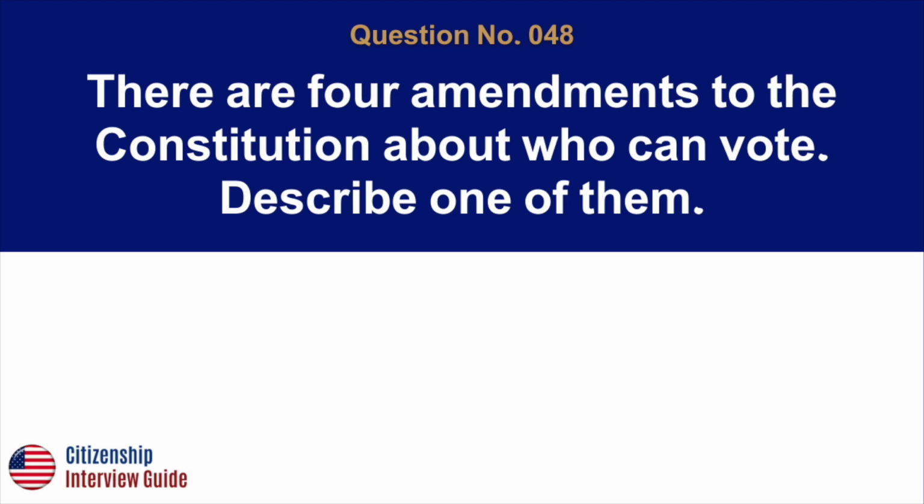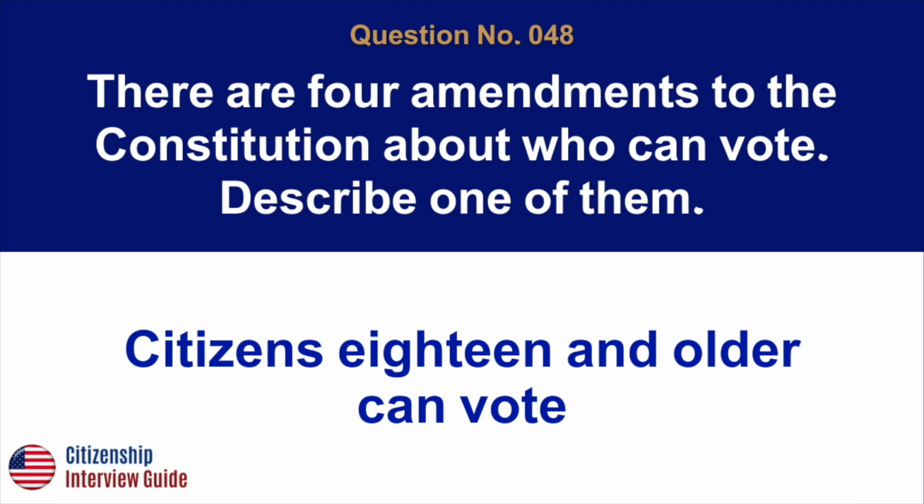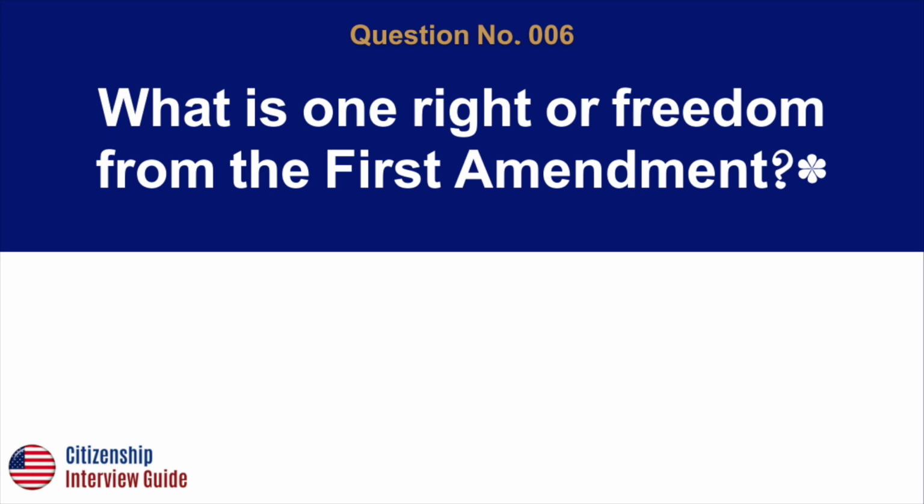There are 4 amendments to the Constitution about who can vote. Describe one of them. Citizens 18 and older can vote. What is one right or freedom from the First Amendment?